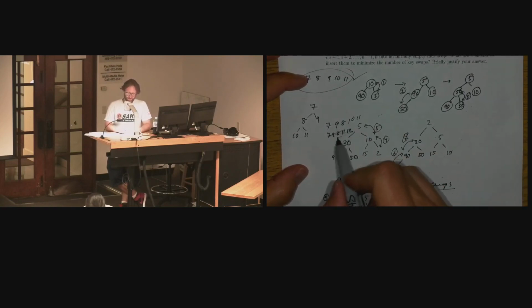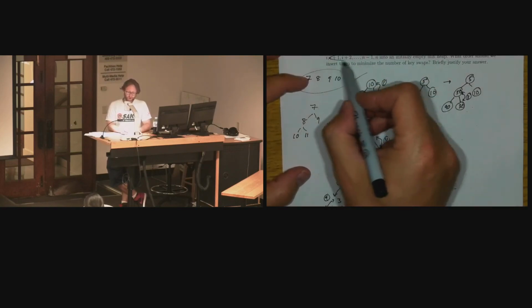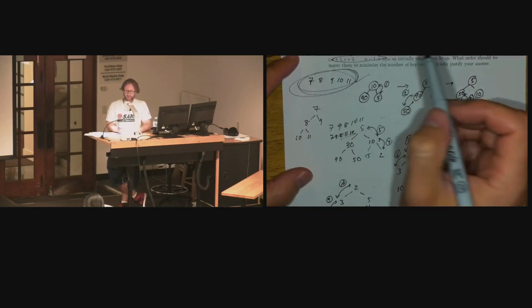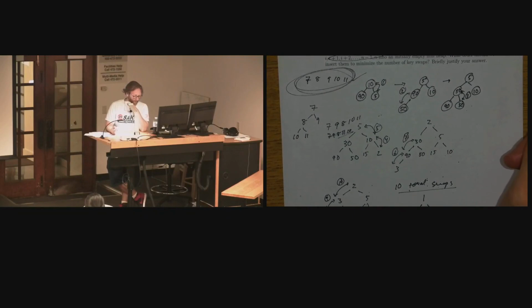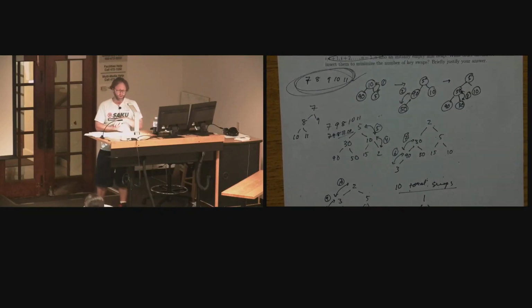But this is so general here that the simplest and best answer is just put them in order. That's it. In fact, I don't think that's what the Python implementation does. But one thing that you can do to heapify initially is to simply pay for the sorting up front and then put that into an array, and there's your initial heap.